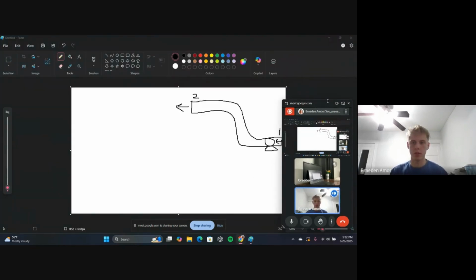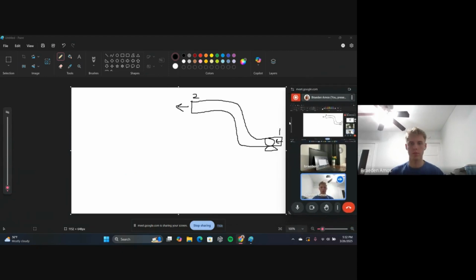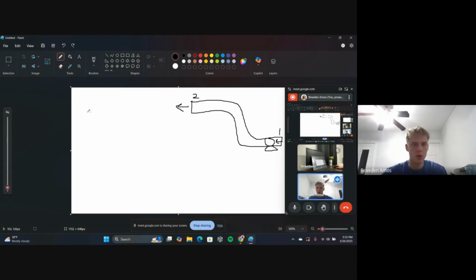So I've already drawn out the problem a little bit. Start off with mass times velocity plus gz plus v squared all over 2.